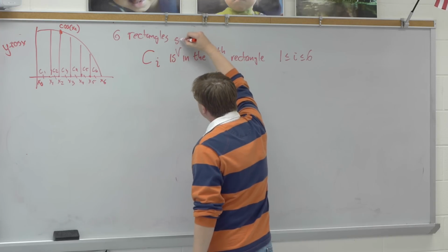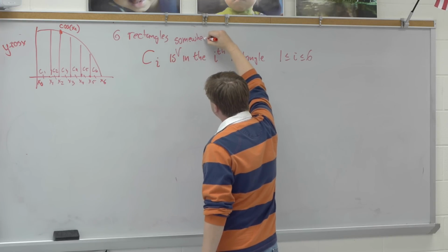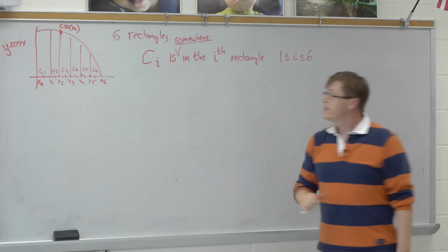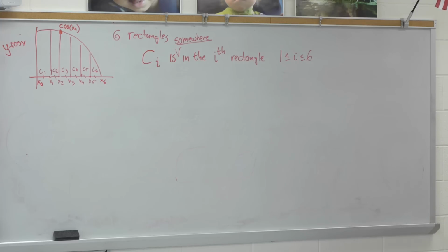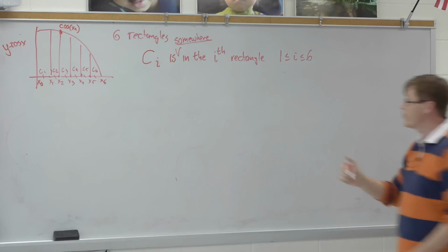So c sub i is somewhere in the ith rectangle. And that c sub i will be where I find the height of the rectangle. Okay, so c sub i is where the height comes from.